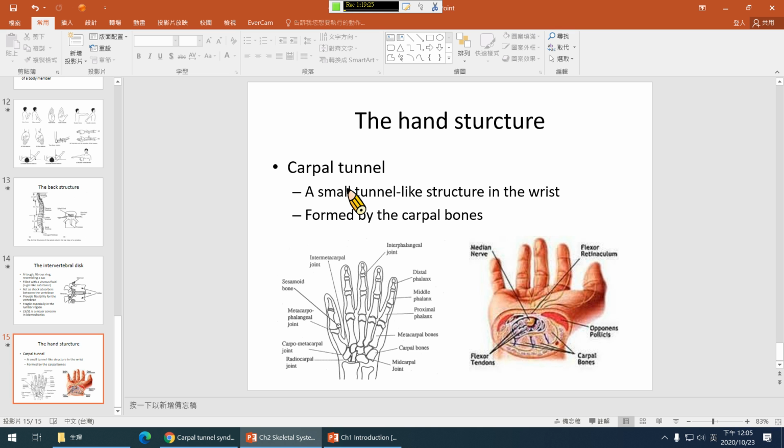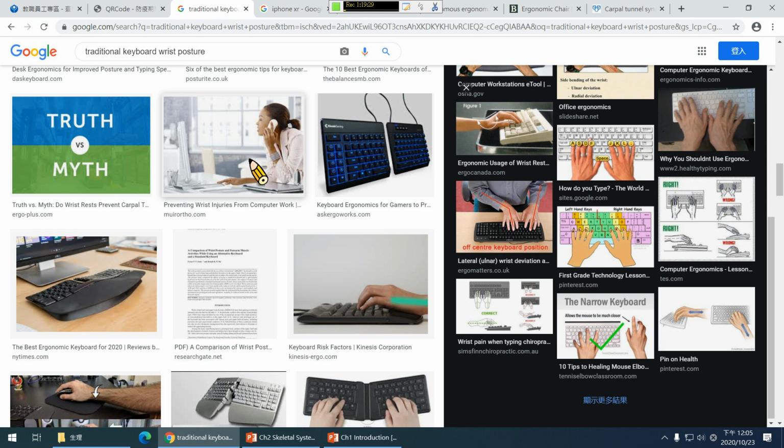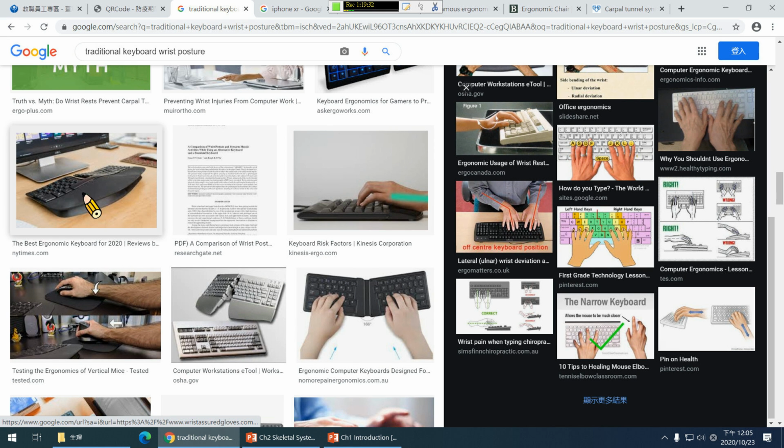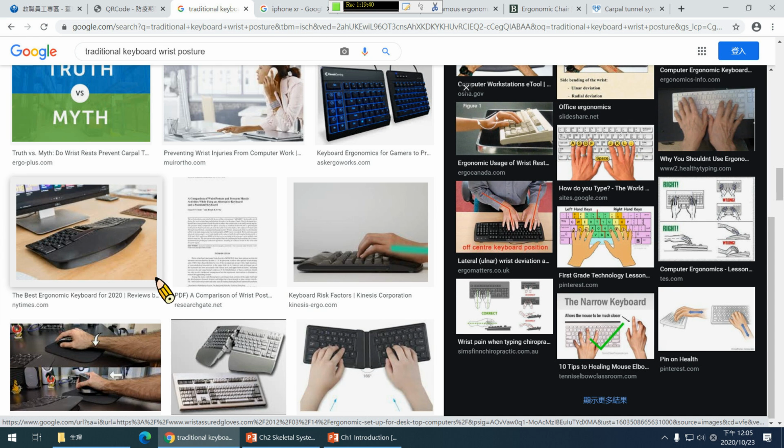That is the basis for those ergonomic keyboards. They are being developed. See this? I use this one. I already used several different versions over the years. As soon as I tried it, I never went back to the traditional keyboard anymore.